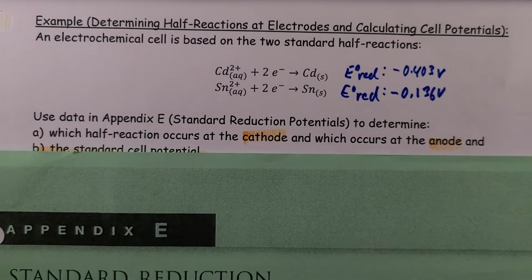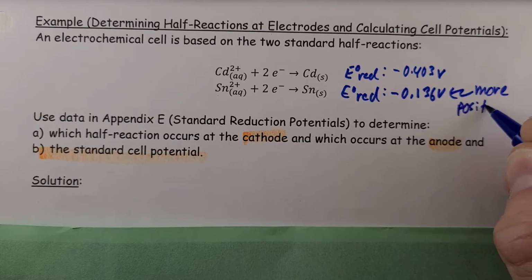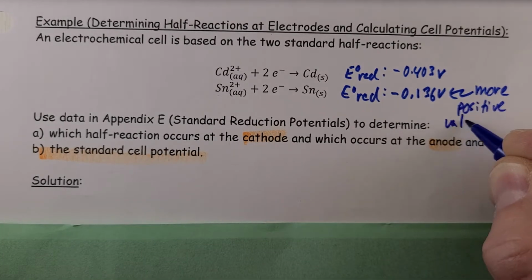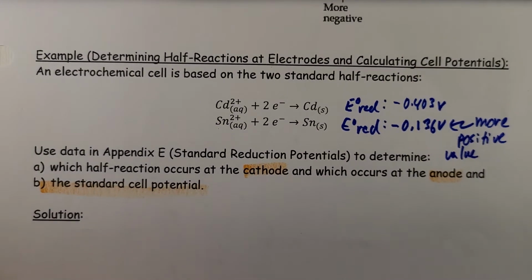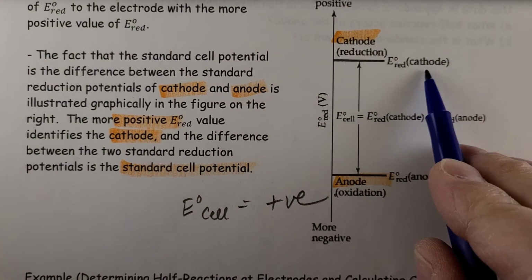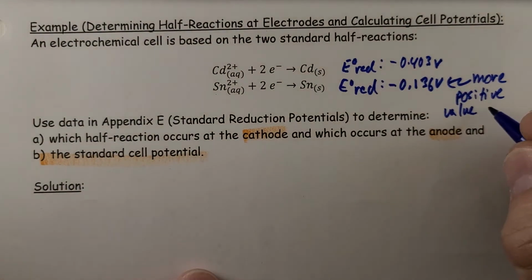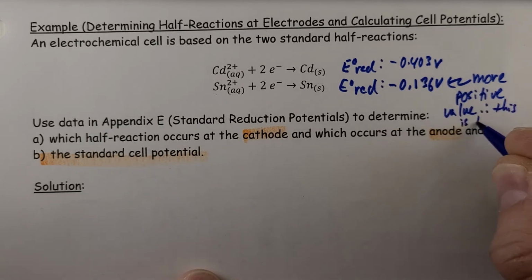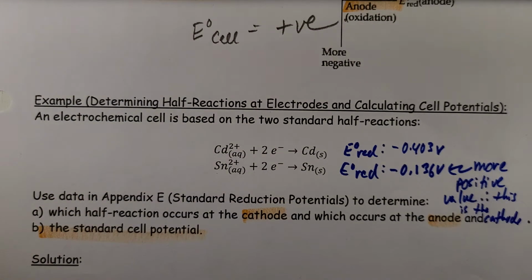And of course, we can see that this is the more positive value, so that has to be the area that's receiving the electrons. That's the cathode. So I can put the positive value there: this is the cathode. There we go. That's all we have to do for that.